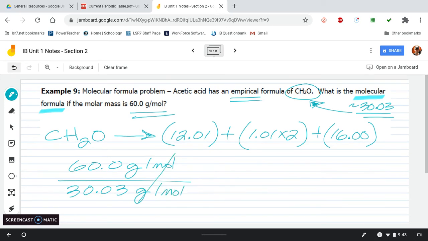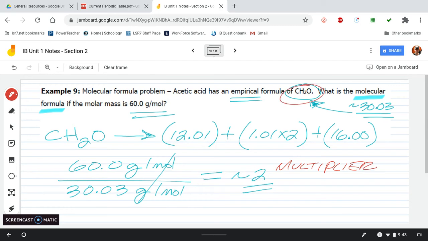These cancel, and it's going to give you a number. 60 divided by 30 is about 2. That's going to be our multiplier. So you're looking for a multiplier so that you can multiply everything in there by that value.